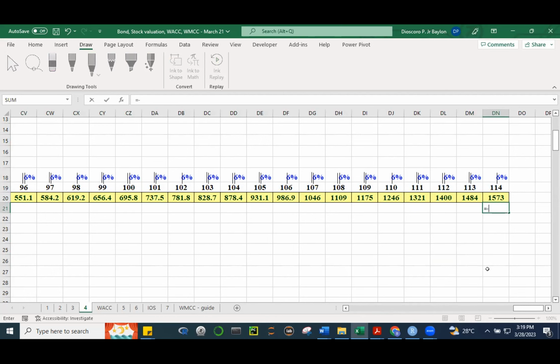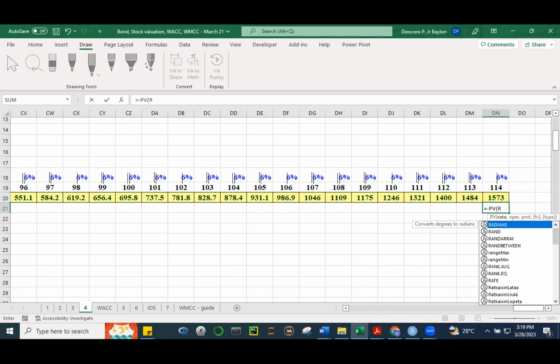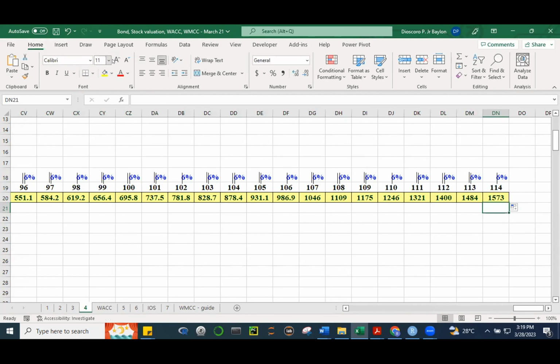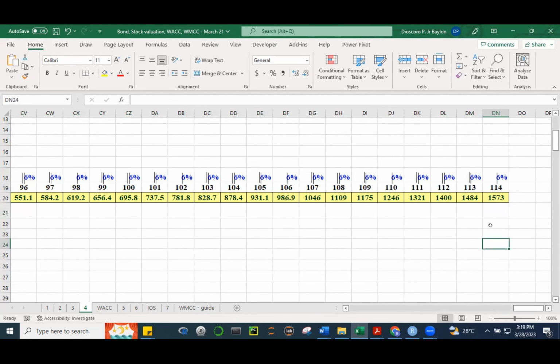But if we just compute for the present value of this, PV, our rate is RS, required return. And then comma, let me increase the size of that so that you can see.